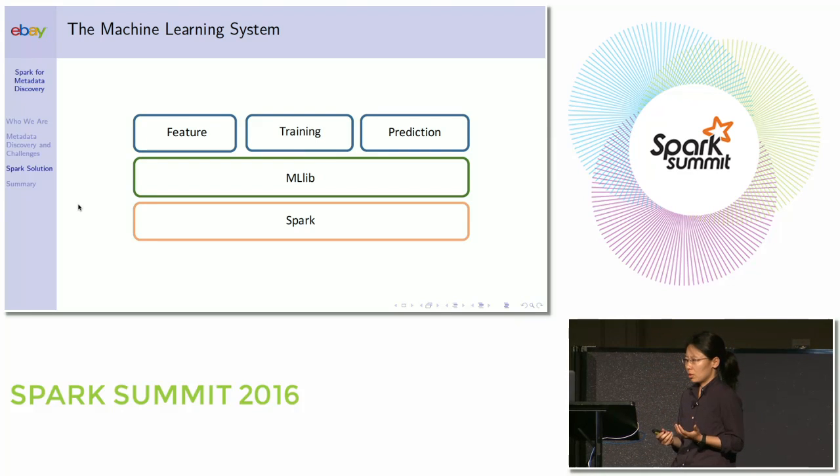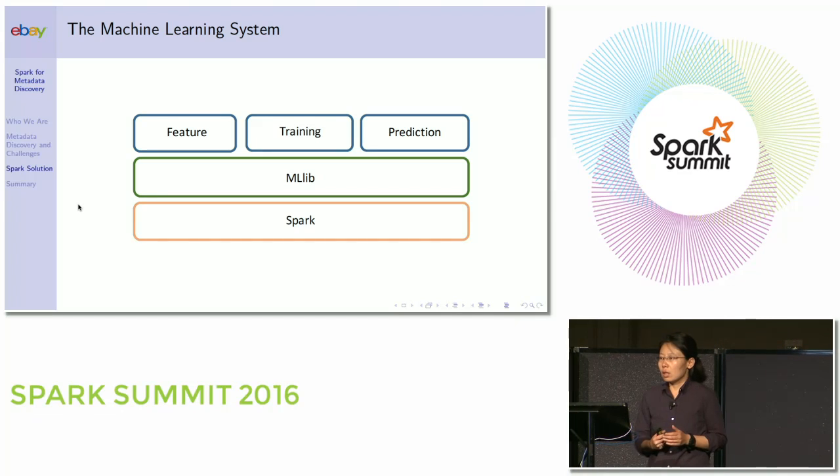And then we implemented this machine learning system, which is really standard. It's completely based on MLlib, and it has three components. The first one is feature generation. We use Spark to pre-process the data to get all the supply and demand signals, and output them into the feature vector file.